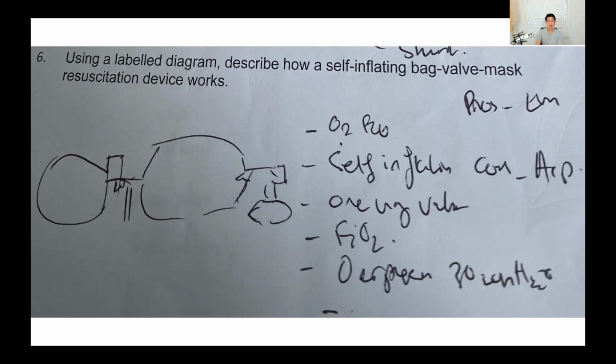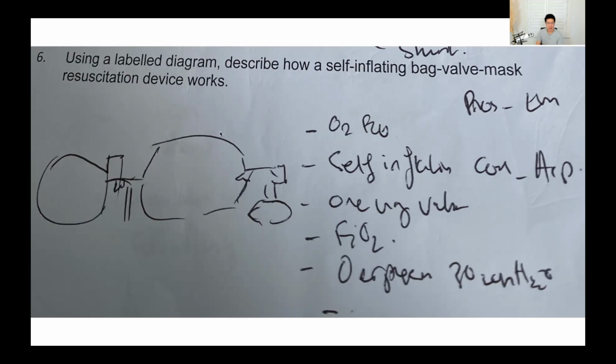So we've got oxygen, self-inflating, one-way valve, FiO2, and then overpressure, 30 centimeters of water. Excellent. So they've got the diagram, and then after that, they've got the concepts which they want to talk about for this self-inflating bag here. And these would be the pros, and this would be the cons.